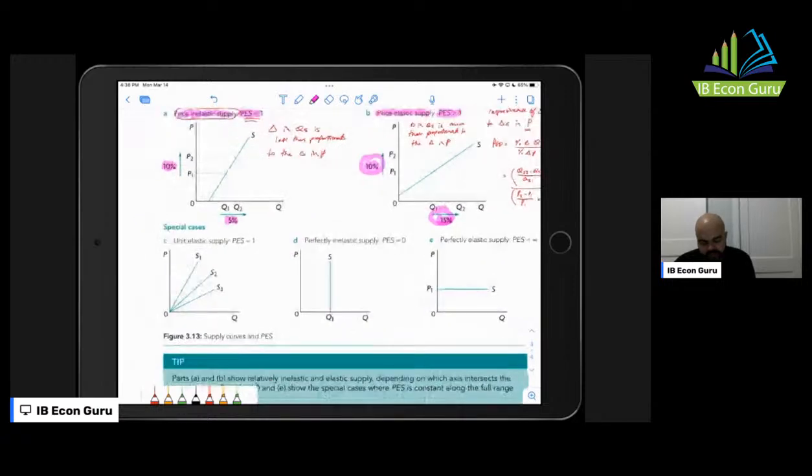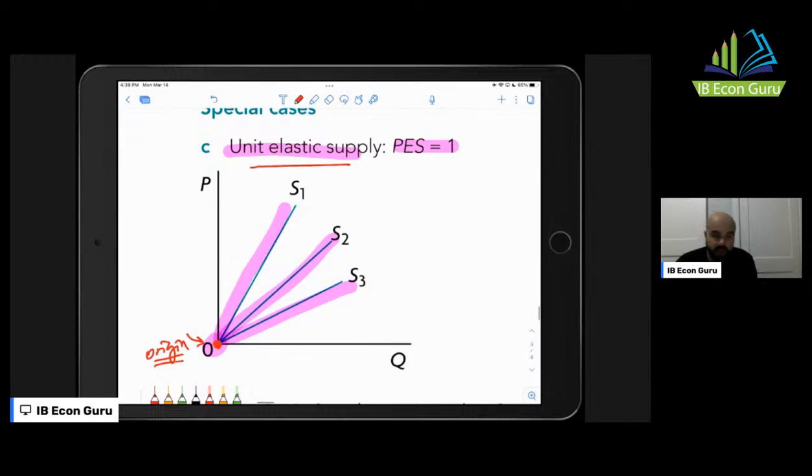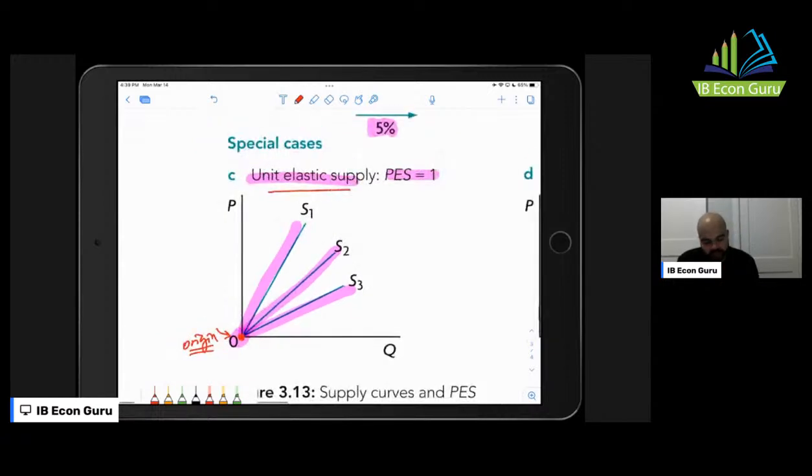And then you have some special cases. You have unit elastic supply, where PES is equal to 1. This is any supply curve that originates from the origin. Remember, any supply curve that originates from this point here, 0, will have unit elastic supply. If you don't believe me, you can draw a few supply curves that originate from the origin and calculate PES, and you'll see what I mean.